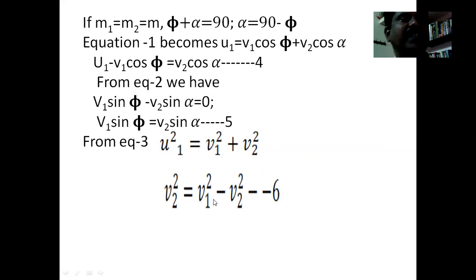Some mistakes happen while typing. So v2 square is equal to u1 square minus v1 square, taking this to the left-hand side. Okay, so there is a correction we have to make.